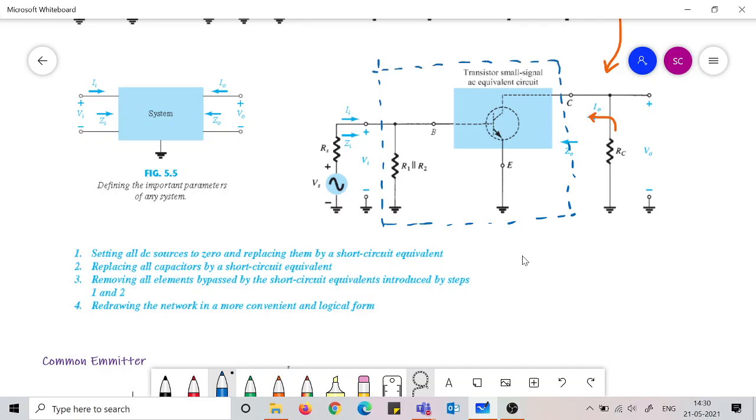This much is the system, and just at the input side of the system there is Vi and Ii. A source has been connected now and a load has been connected at the output end. So this makes a complete network. Complete network means the passive part of the system being connected with a source and a load.